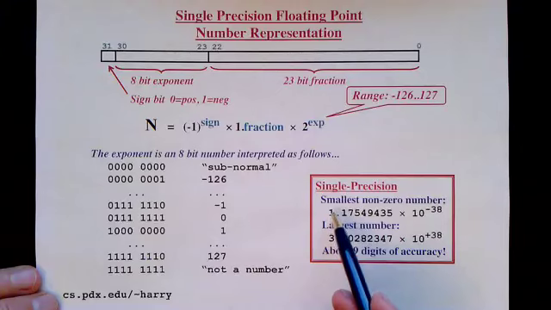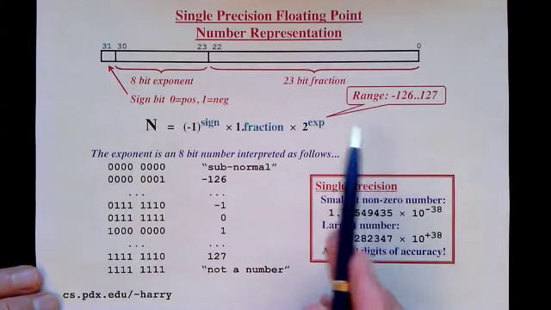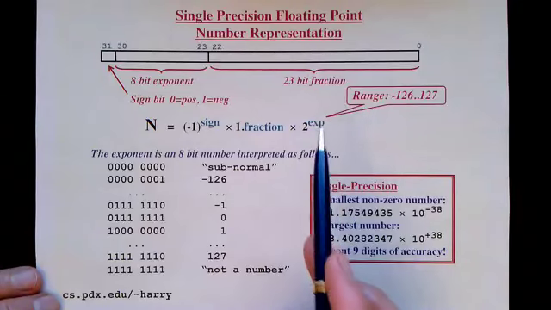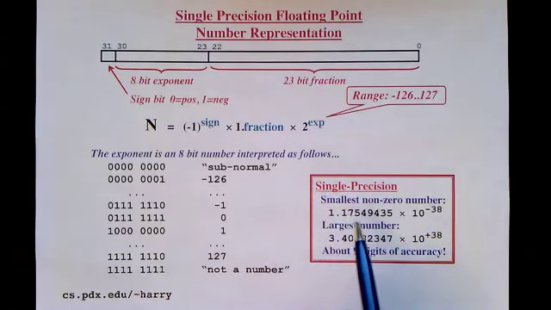In fact, the smallest non-zero number that we can represent is about 10 to the minus 38. It's a very small number. And the largest number is about 10 to the positive 38. And we have about 9 digits of accuracy. So we've got a pretty good system for representing lots of numbers in scientific notation.